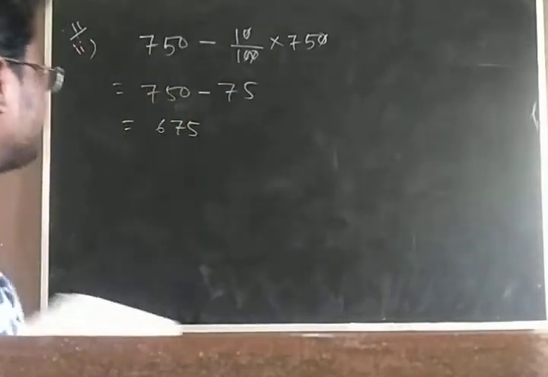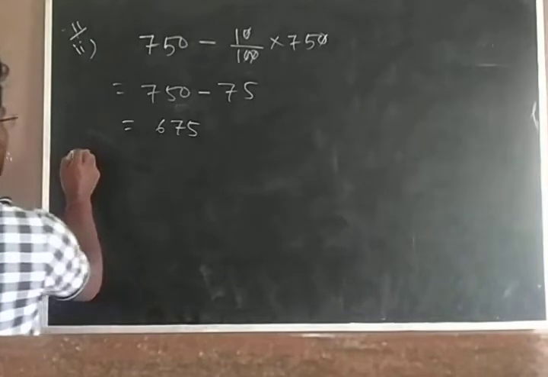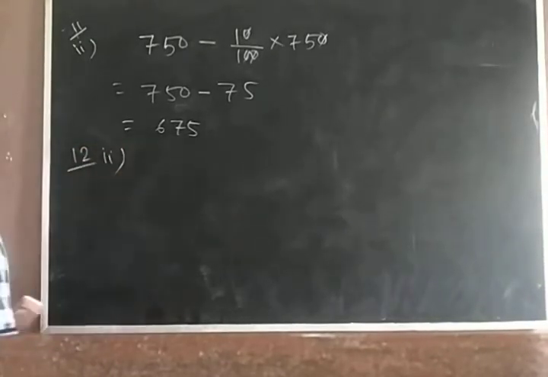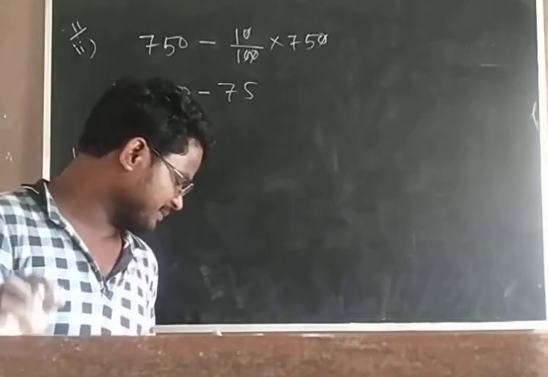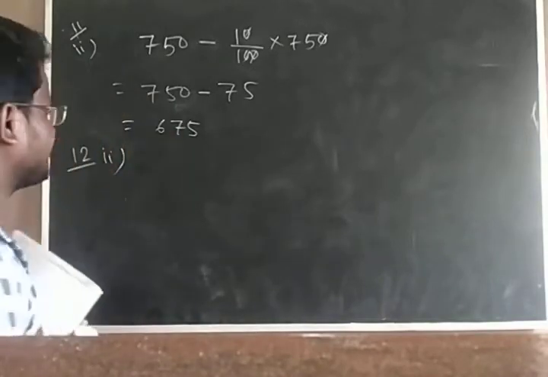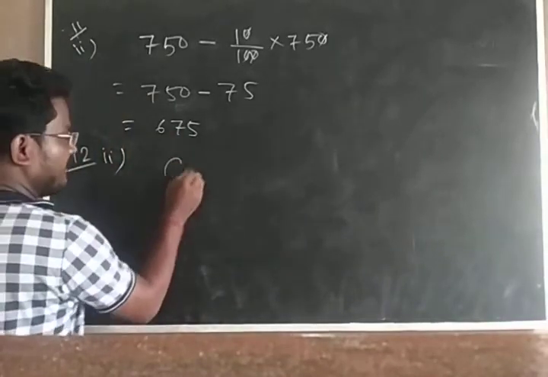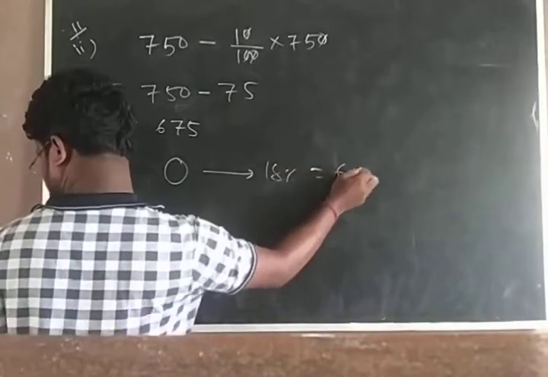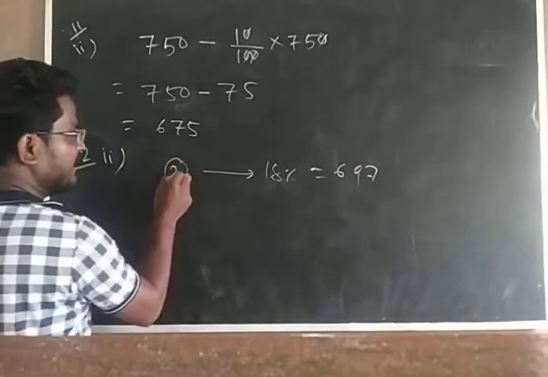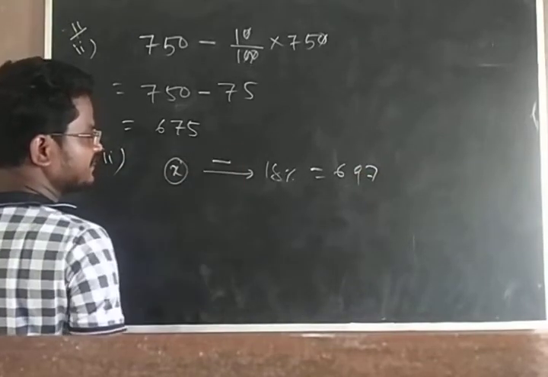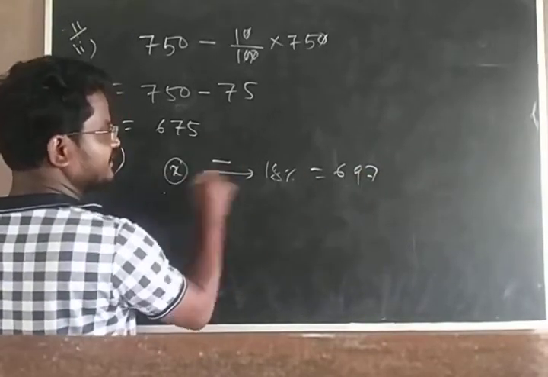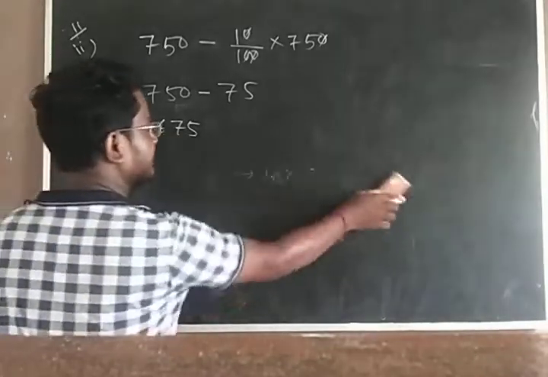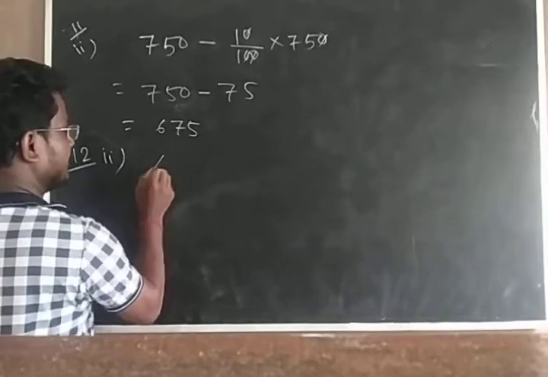Twelve, two. On decreasing a number by 18%, it becomes 697. Suppose a number is decreasing by 18%, then it becomes 697. Let the number be x. Decreasing means minus 18% of x, that is 18 by 100 into x, is equal to 697.